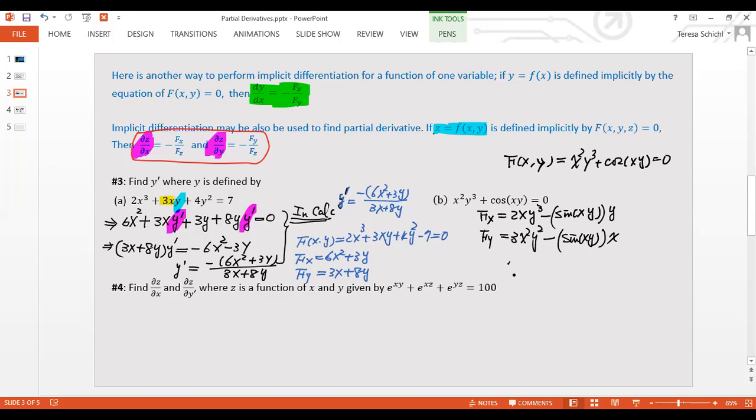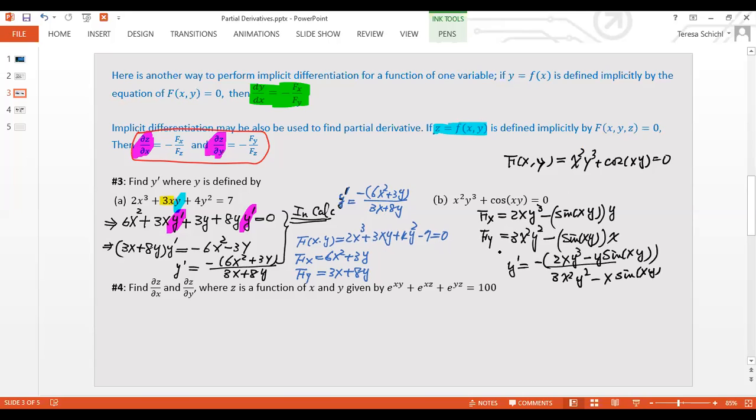Now you can find your y prime, it's pretty simple, right? It's just a negative F of x, put a negative sign in front, then put whatever you have in the partial derivative F of x. So this is y sine xy, and then this is 3x squared y squared minus x sine xy. Right? So be careful, this negative is for all of them.